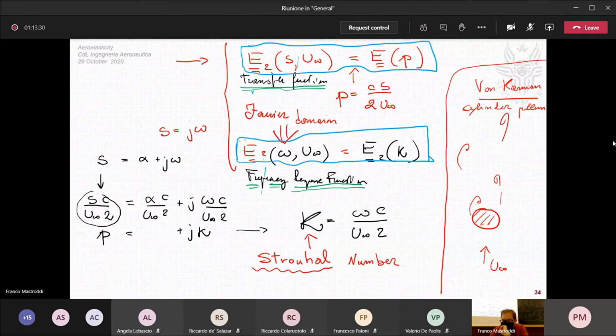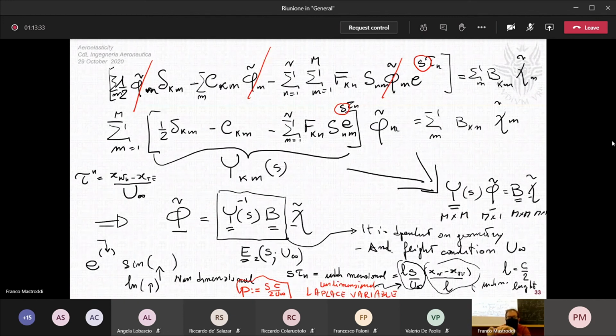So after this process, we have defined this matrix B, which is the matrix of the integral of the source in the panel versus the fixed point.